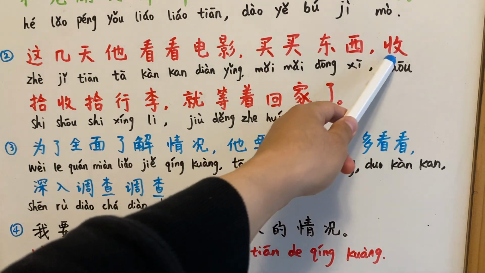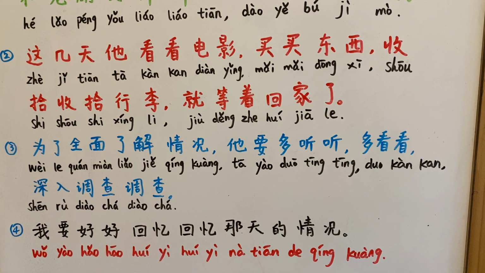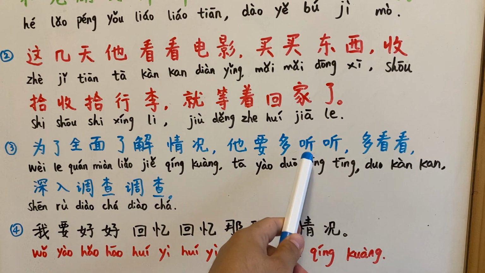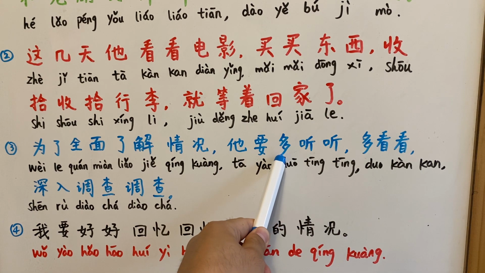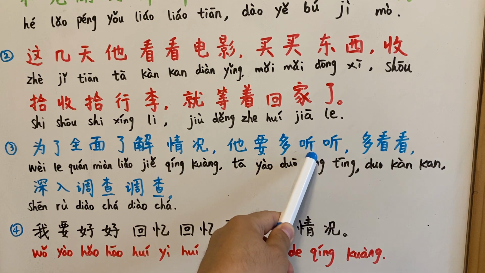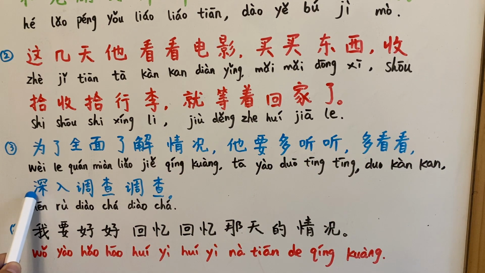Just like 收拾收拾, to pack. 听听看看, but you may notice we put this character before, 多听听多看看, and 深入深入. 深入 means to further investigate, to investigate in depth, right?